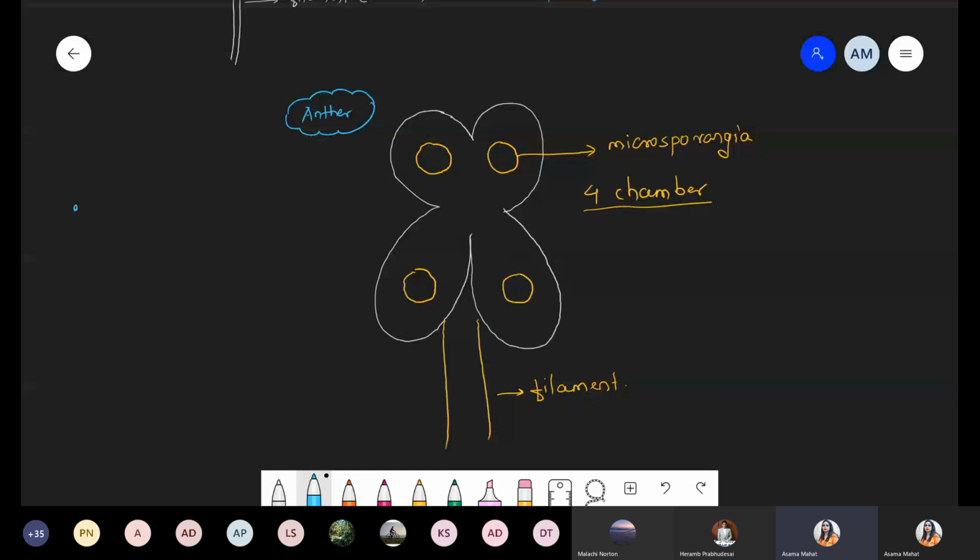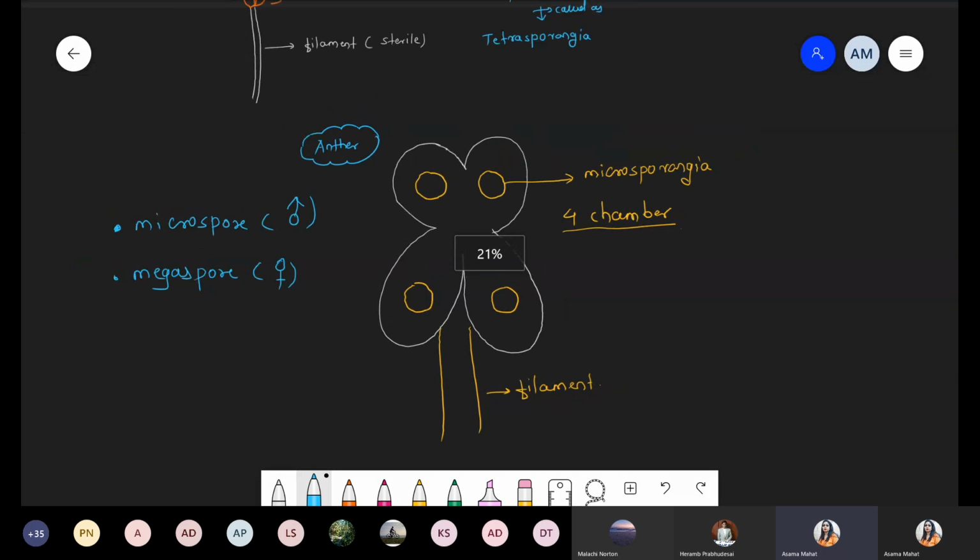So what is the meaning of microspore? Remember, in the case of angiospermic plants, micro represents the male, and whenever you use the word megaspore, this mega represents the female. These are the rules. So sporangia means a sac-like structure, a collection.